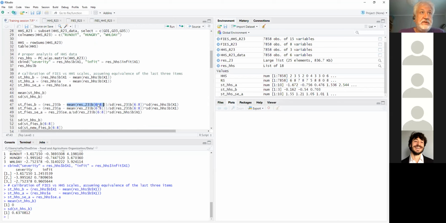Here is where I'm making the assumption that the last three items, 6, 7, and 8 of the FIES are equivalent to the three items in the household hunger scale.